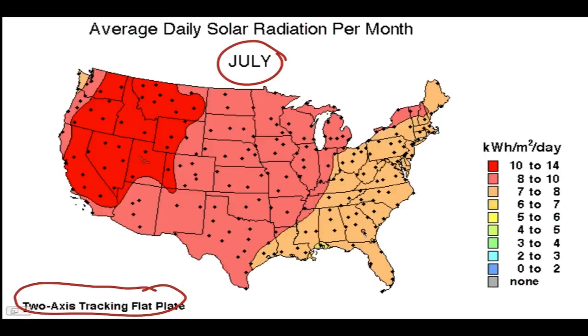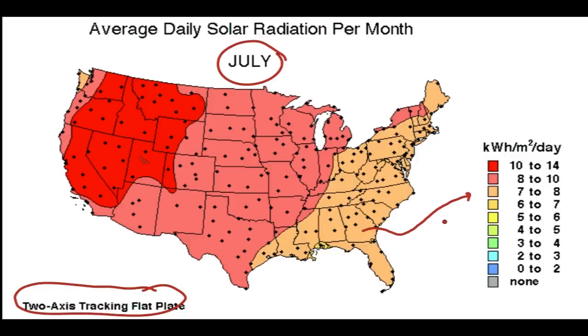And all in the south, you can see it's around 7 to 8 kilowatt hours per square meter per day. So you can do your trade-offs and determine whether it's worth your while to pay for a two-axis tracking system.